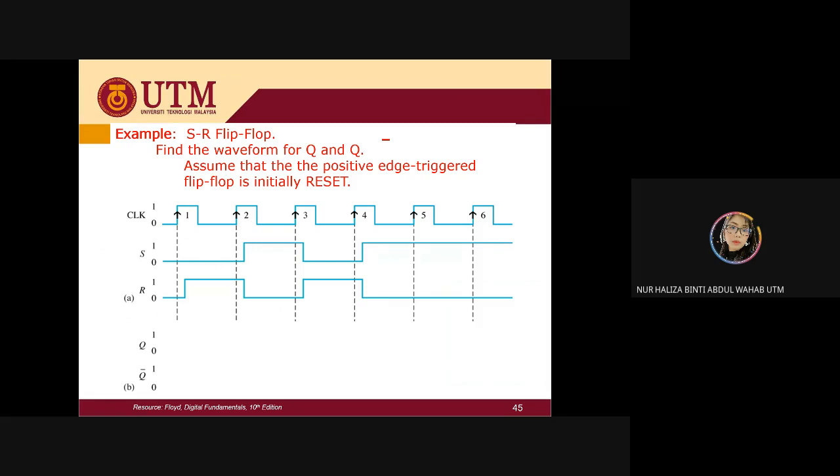Here there is an example without answer. Let's redo slowly. You can see here it is a positive edge. It's already drawn for us. And initially it's reset, means a low for your Q. And what else?